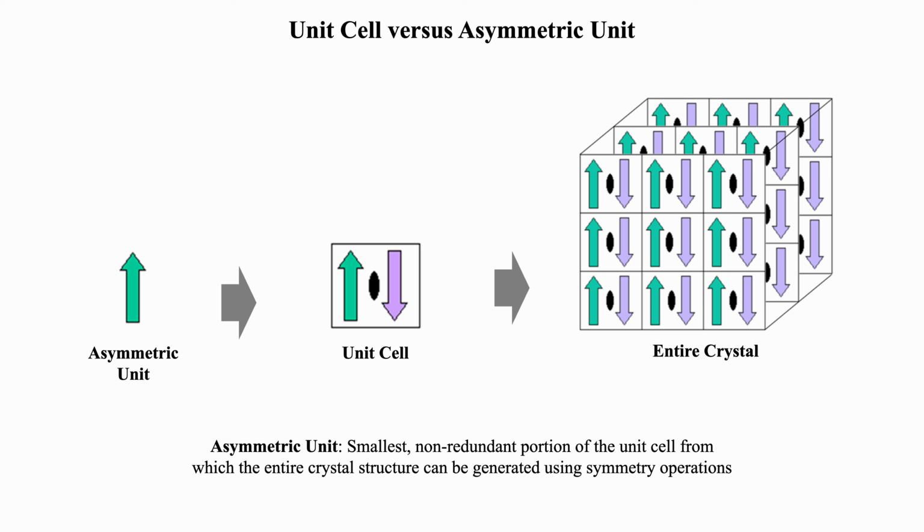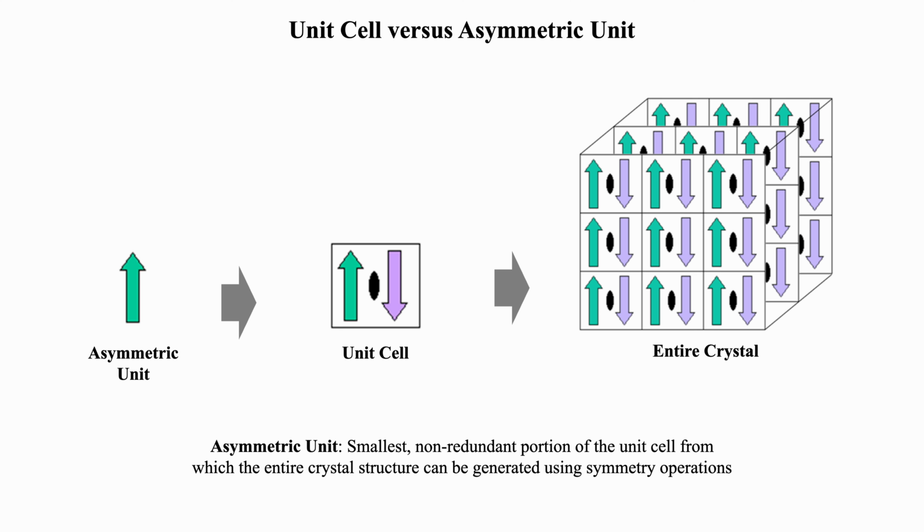Within each unit cell, there is often a minimum set of atoms, ions, or molecules that can generate the entire contents of the cell when symmetry elements are applied. This minimum set is called the asymmetric unit. Here's how it works. The unit cell itself is the smallest repeating building block that defines the crystal's overall structure.